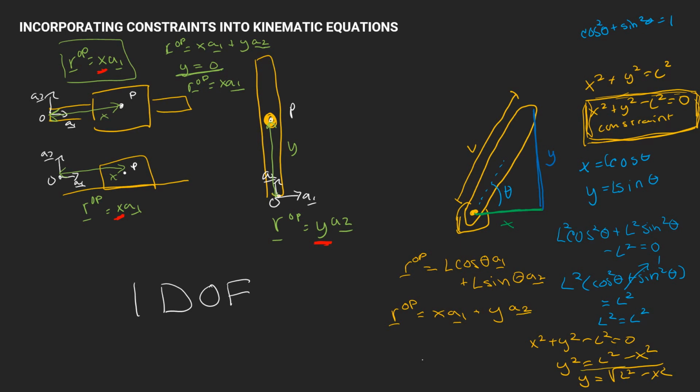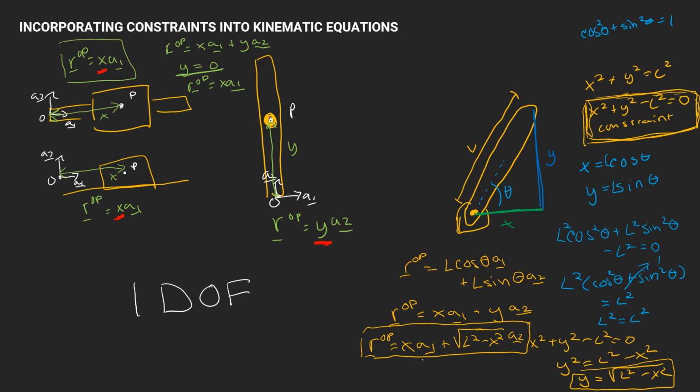You can pop that in here and write r^OP is equal to x a1 plus the square root of L squared minus x squared a2.